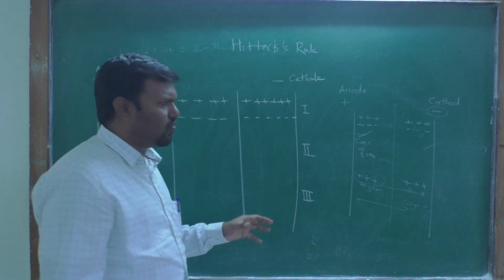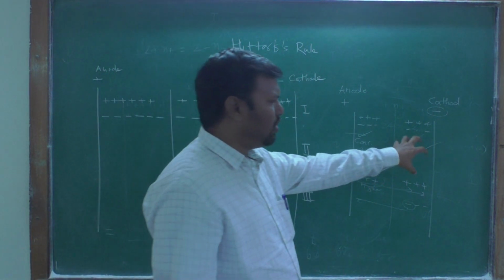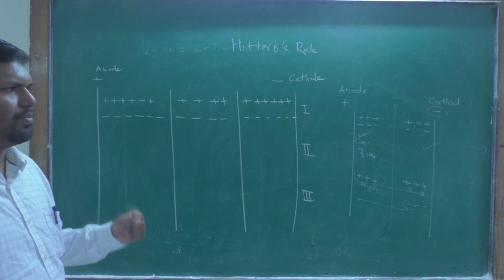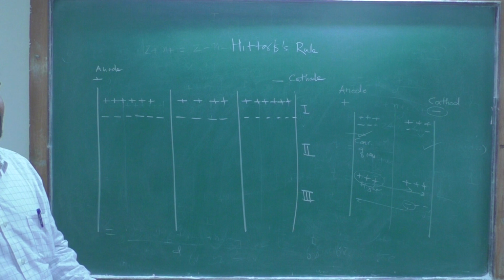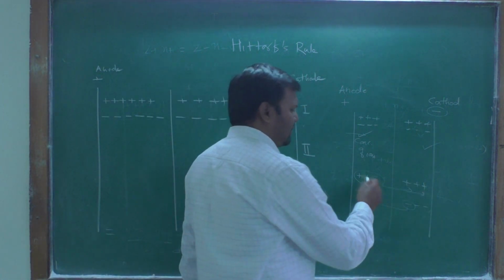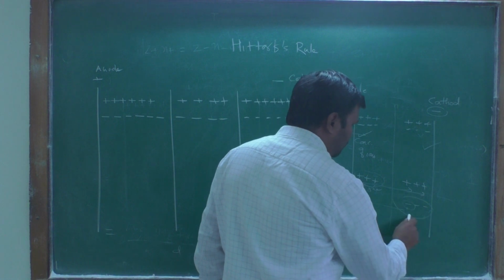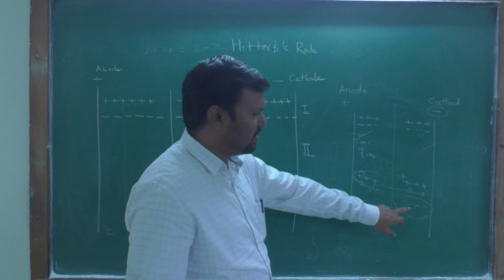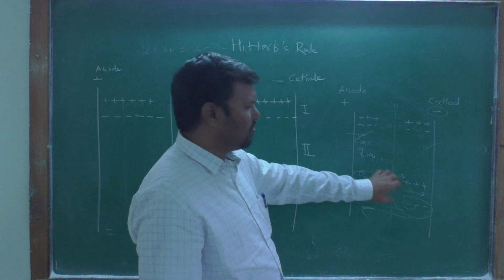Therefore the change in concentration near the electrode depends upon the speed of cations and the speed of anions. If the speed of anions is 3 times more than the cations, then 3 will move towards the anode and only 1 will move towards the cathode.